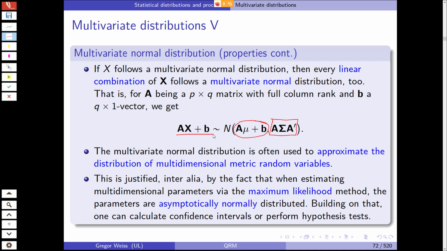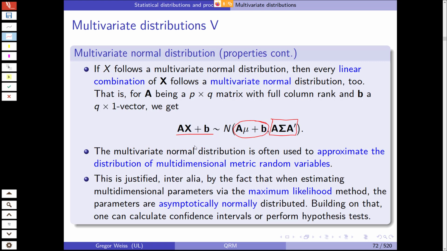This simply means that if you have a random vector that is normally distributed and you insert it into a linear function, the resulting multivariate distribution will also be normal with slightly different parameters.